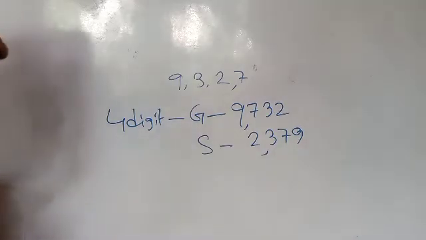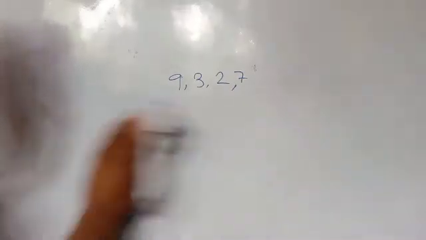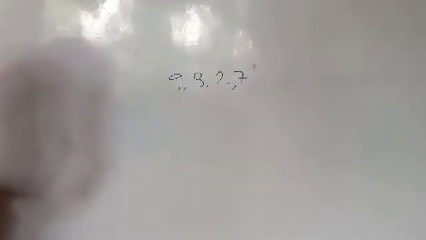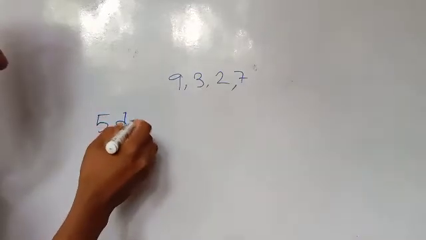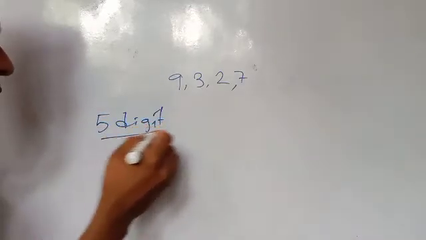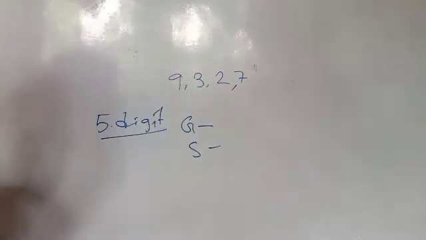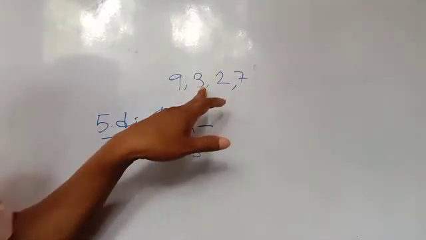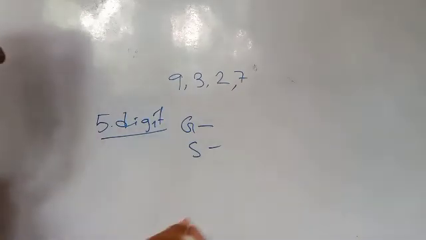But if we want to make a 5 digit greatest and 5 digit smallest number with these 4 digits, and you may repeat a digit, then here we have given you 4 digits and one piece of information that you may repeat a digit.